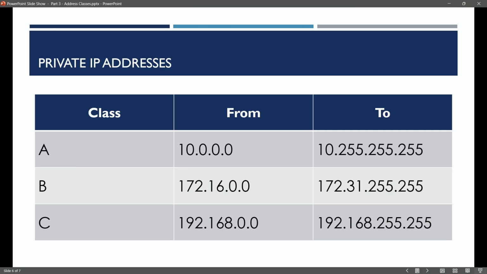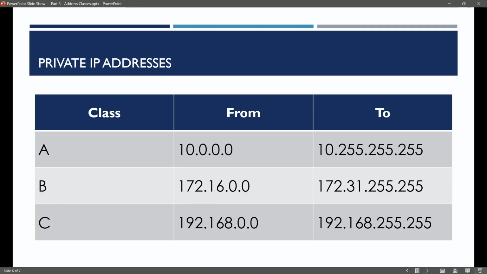So there's a lot for us to memorize in this video, and flashcards will certainly help you. Notice the reserved Class A space is anything that begins with a 10. So if we see a 10.x address, as we like to call it, it is private.